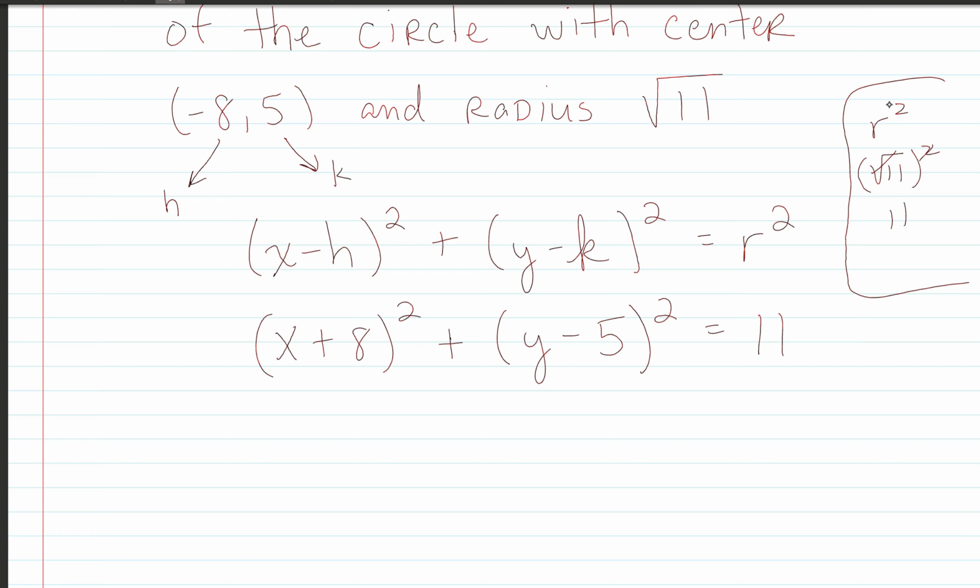So our standard form for the equation of a circle with a center of negative 8 comma 5 and a radius of the square root of 11 is x plus 8, that quantity squared, plus the quantity of y minus 5 squared equals 11.